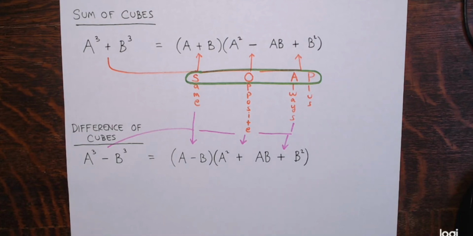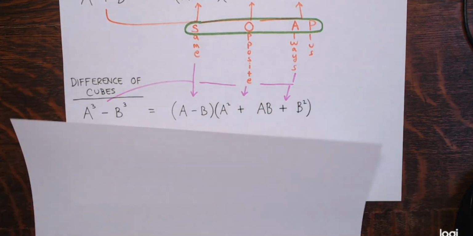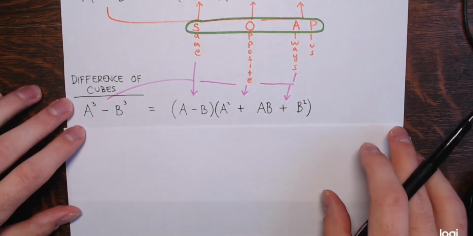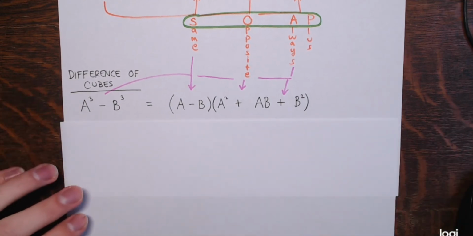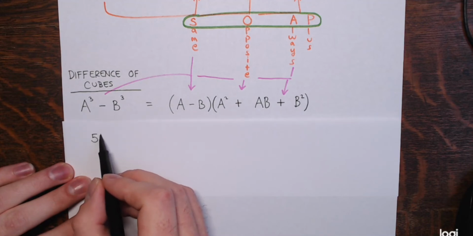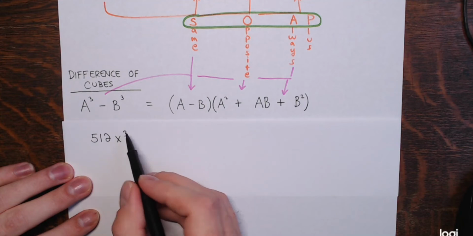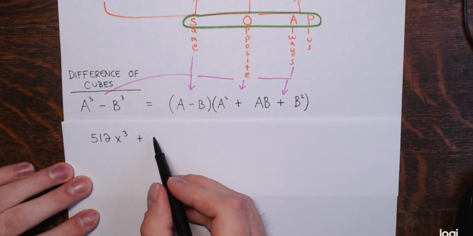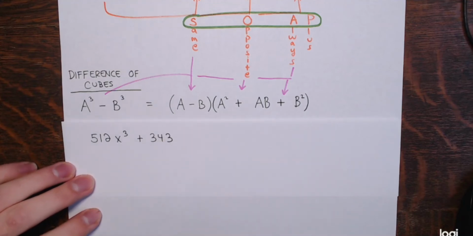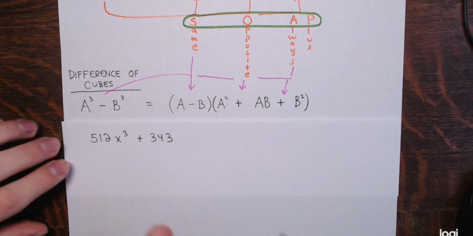All right, so the polynomial we're given is the following. We have 512x cubed plus 343. All right, so I'm seeing two terms.